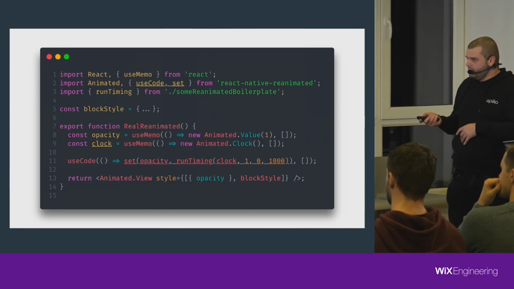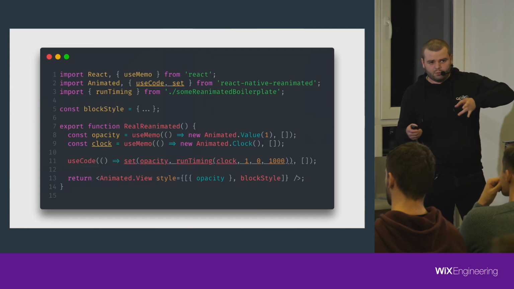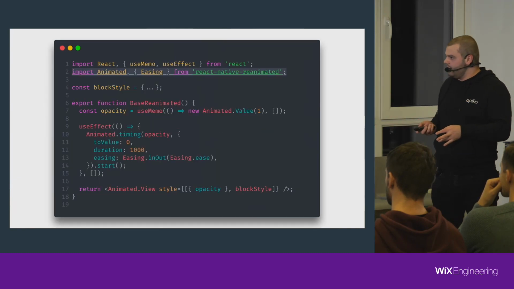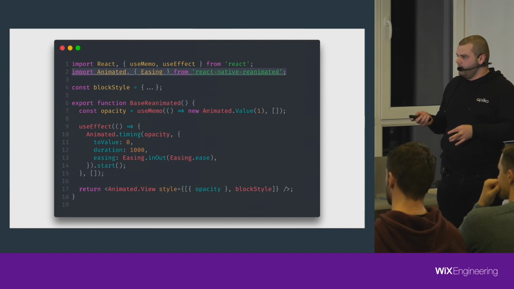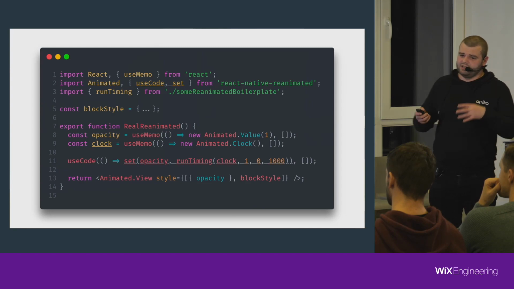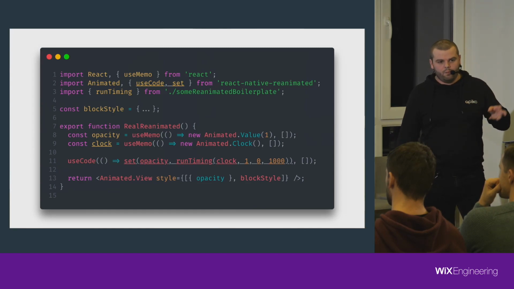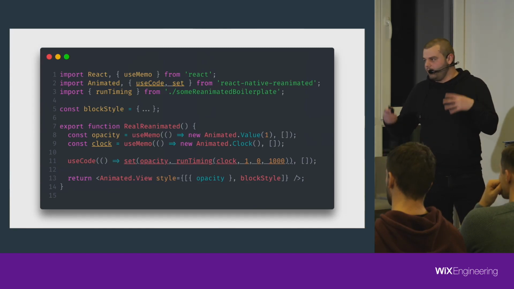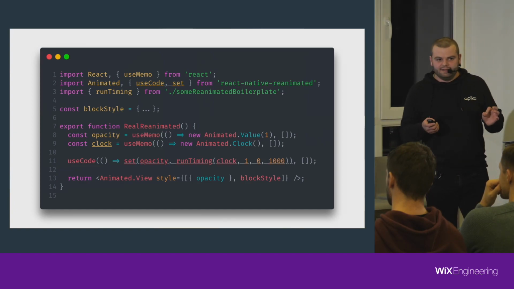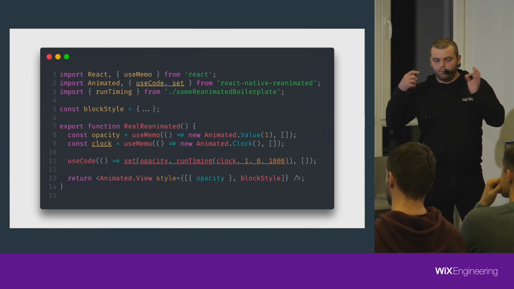And runTiming is basically a function which represents the timing animation, the same as we saw here. Timing is basically the same, and it's just boilerplate you're going to copy and paste in each project where you use Reanimated. And we pass the clock. Clock is basically the loop. We will use the values of that loop.